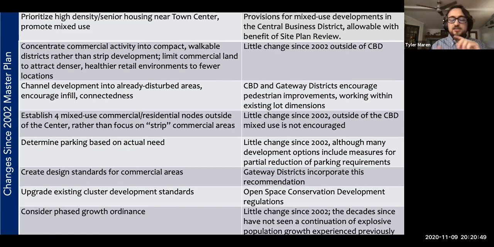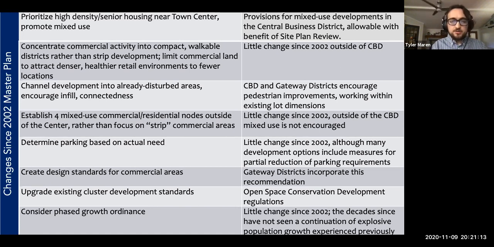I think that in the central business district and in a mixed use development, how I interpreted this was walkable, self-contained community. And on those highways, that really hasn't come to pass. Channel development, encourage infill into already disturbed areas.